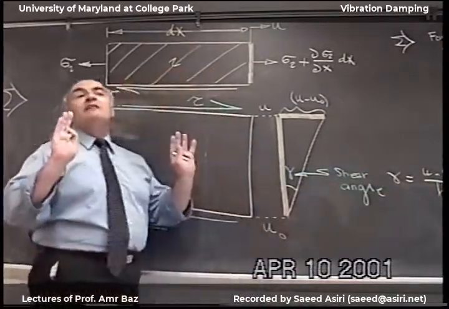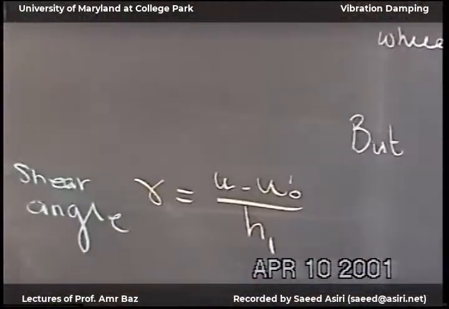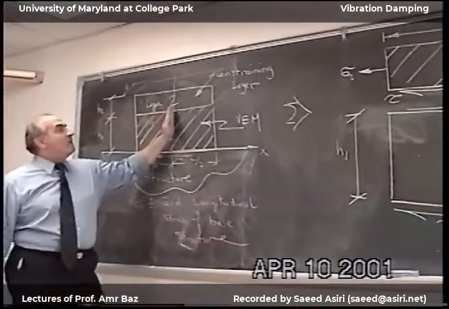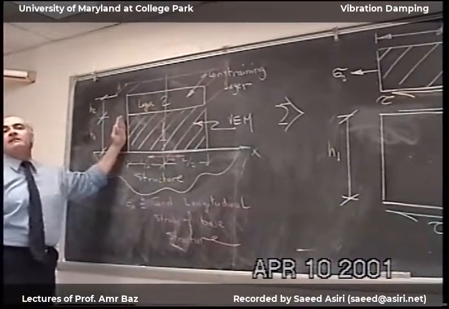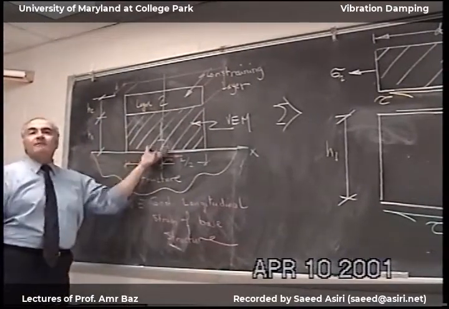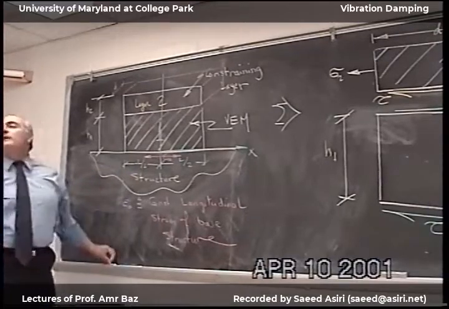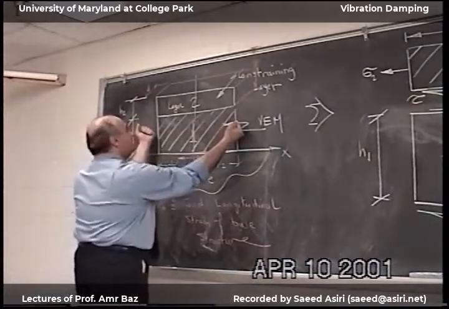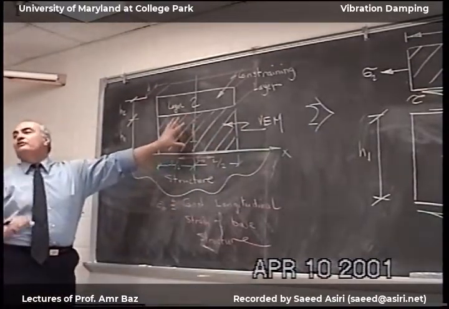You will see a very important characteristic. When I am here, there will be no shear angle. When I am here, I have the maximum shear angle. When I am here, I have the minimum shear angle. Anywhere in between will be somewhere in between. So now, if I want to get the maximum energy dissipation, I have to stay here and here, because the middle is not very good.